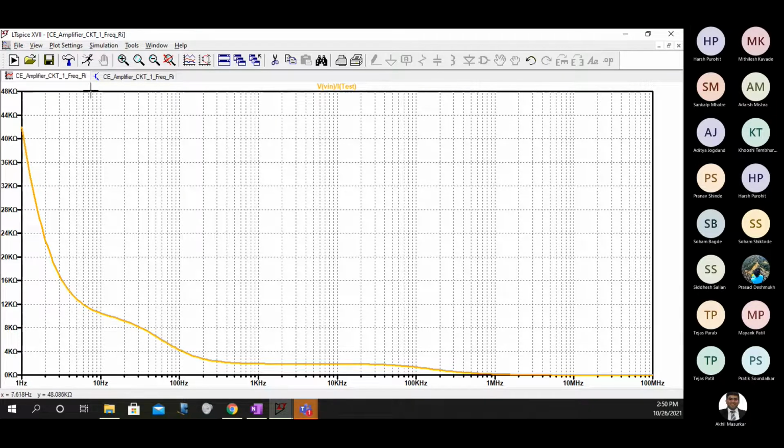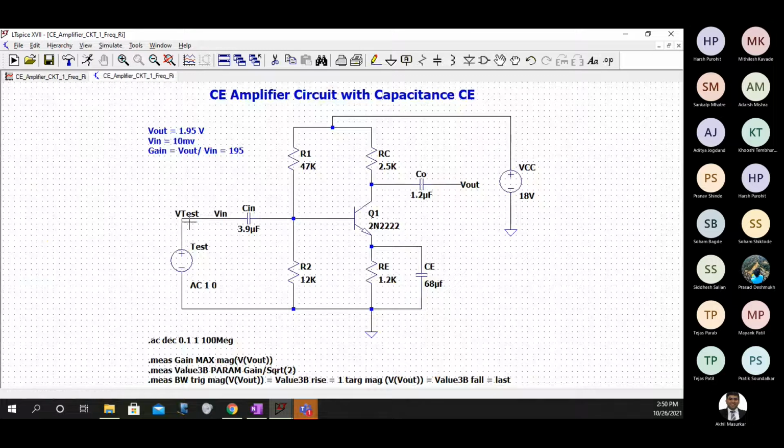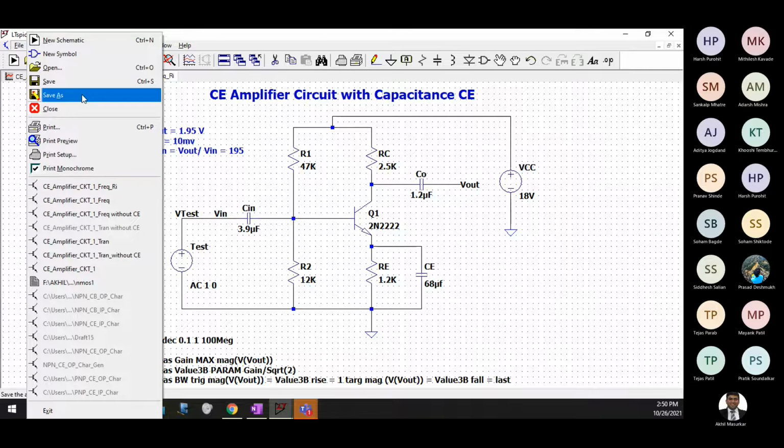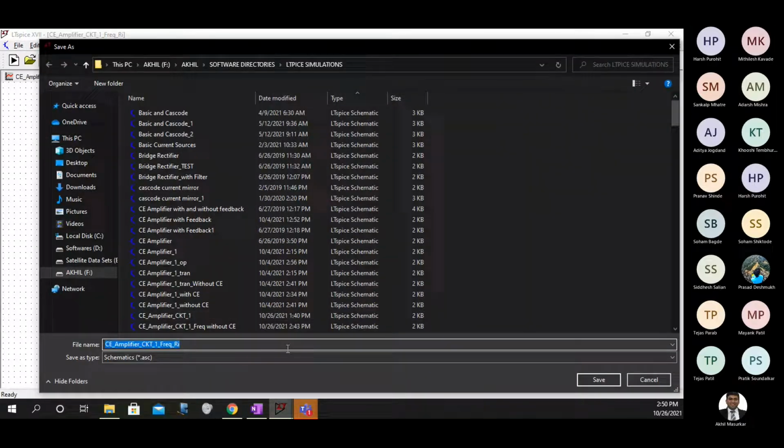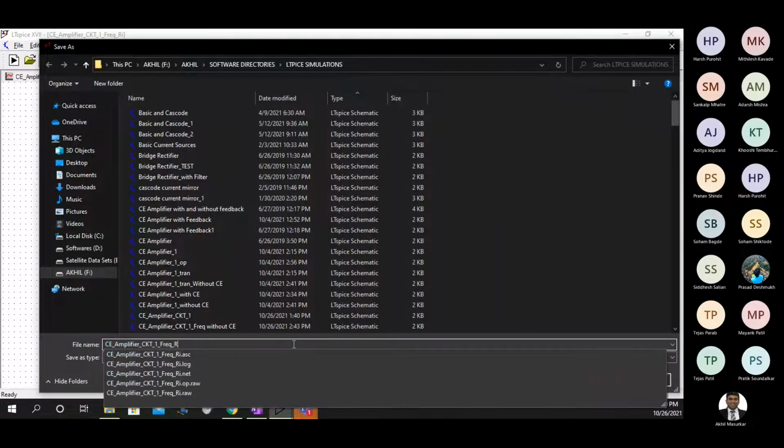So similarly, you can ground this input whenever you are calculating output impedance. We always write that input side is connected to ground. So that is what you will do and connect the test source here. So file, save as, and just say RO.